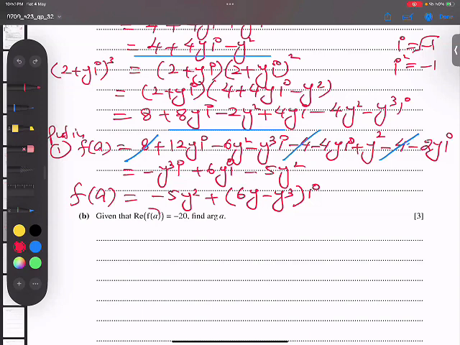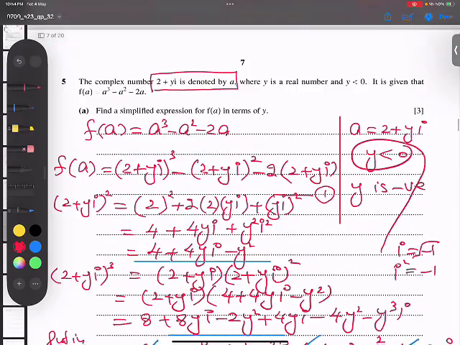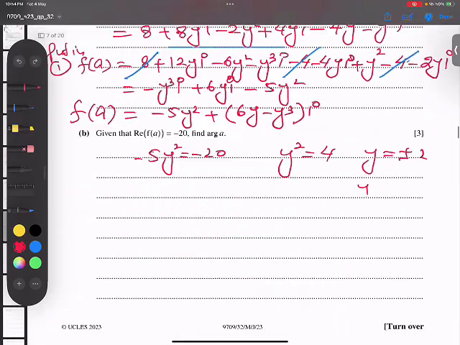So as the real part is equal to that, I will take this part only here. -5y square equal to -20. Negative cancels. 5 will go down. I get 4. I will take a plus and -2. But keep in mind, y is less than 0. I will take only -2. This is my answer for y.